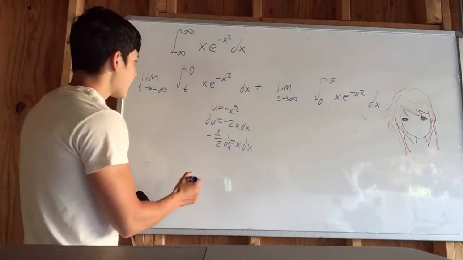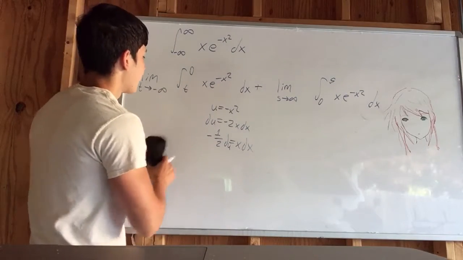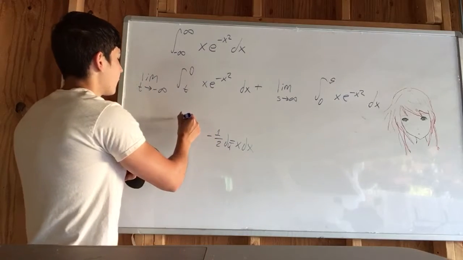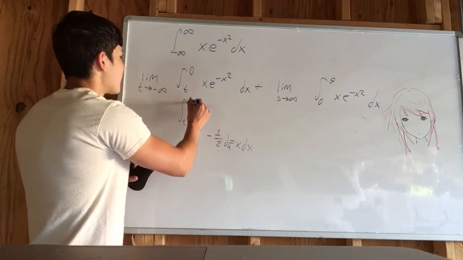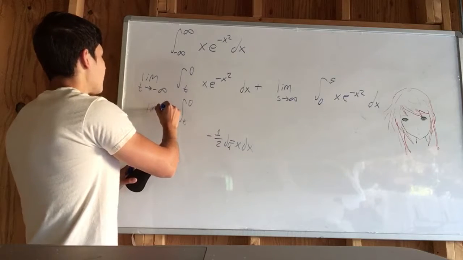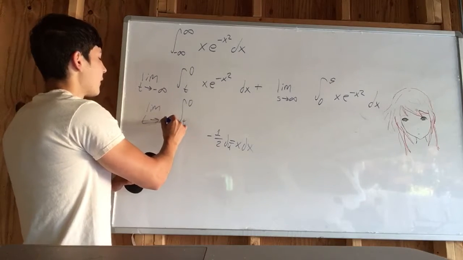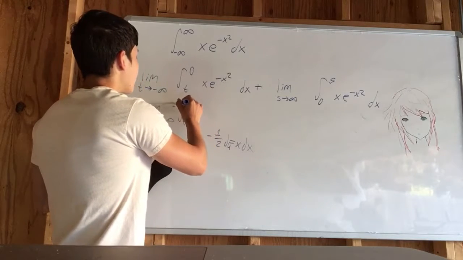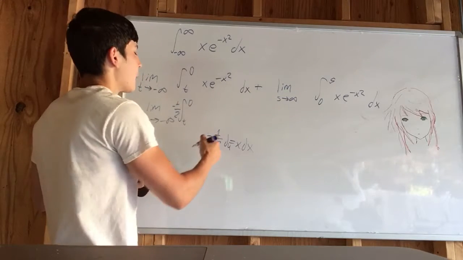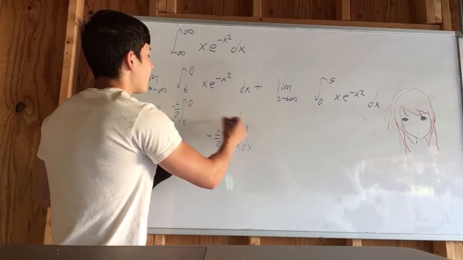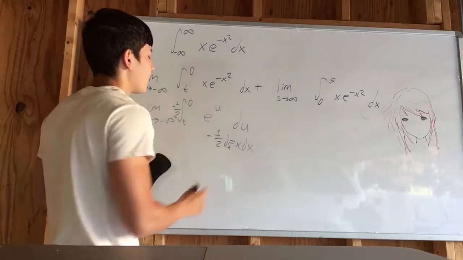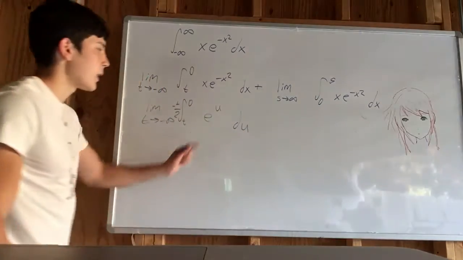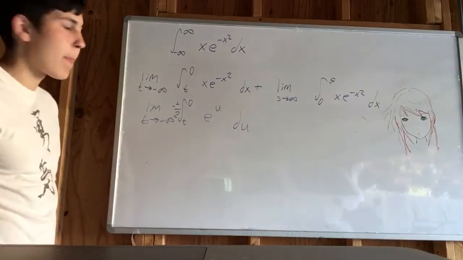Now we could replace that from t to 0, the limit as t approaches negative infinity, and we have the negative 1/2 out here. We've got du, and we've got e to the u, because we let u be negative x squared.